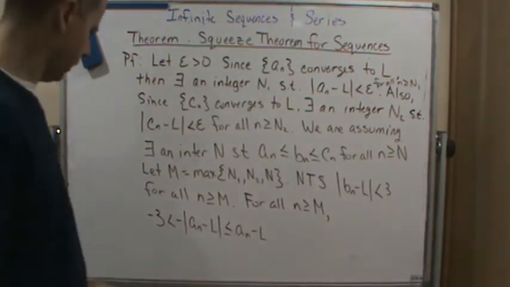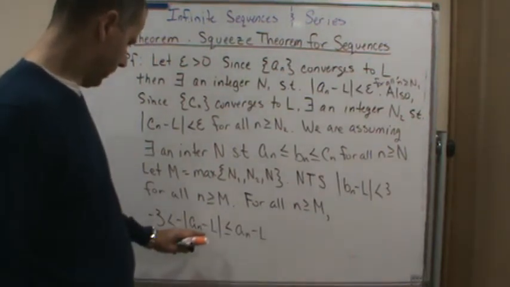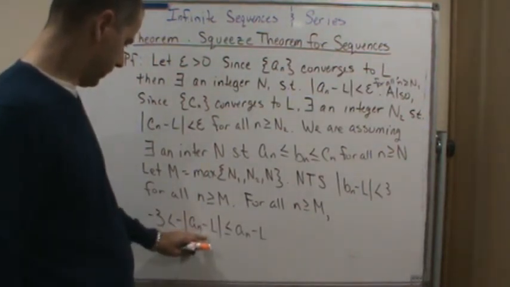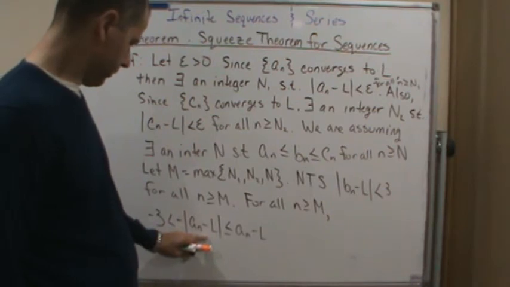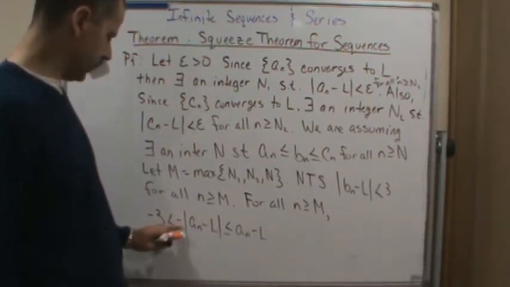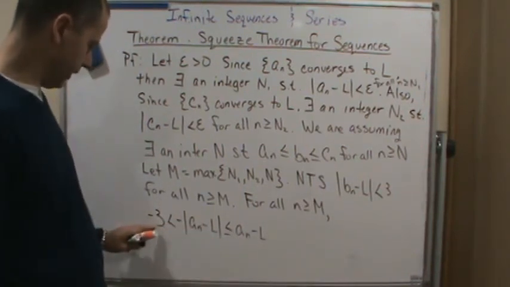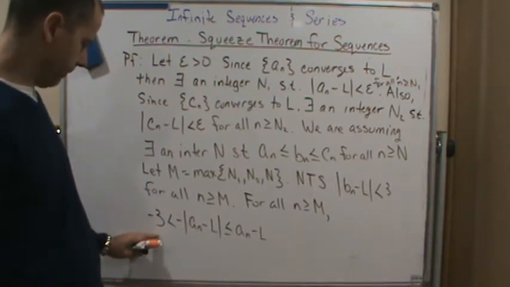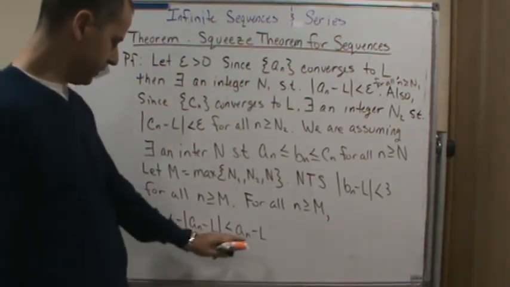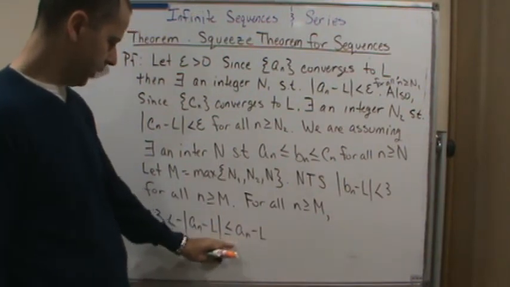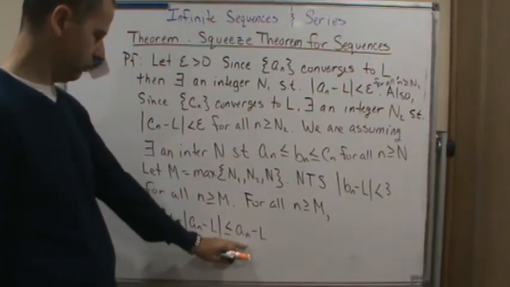Right? So because we're taking the negative absolute value of this, that's going to be negative. So negative epsilon is going to be greater than this. This has to be smaller than this, less than or equal to.